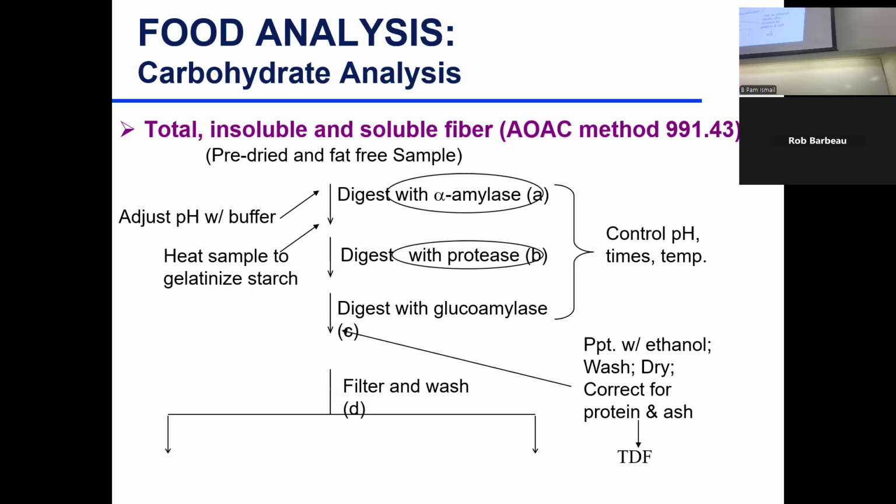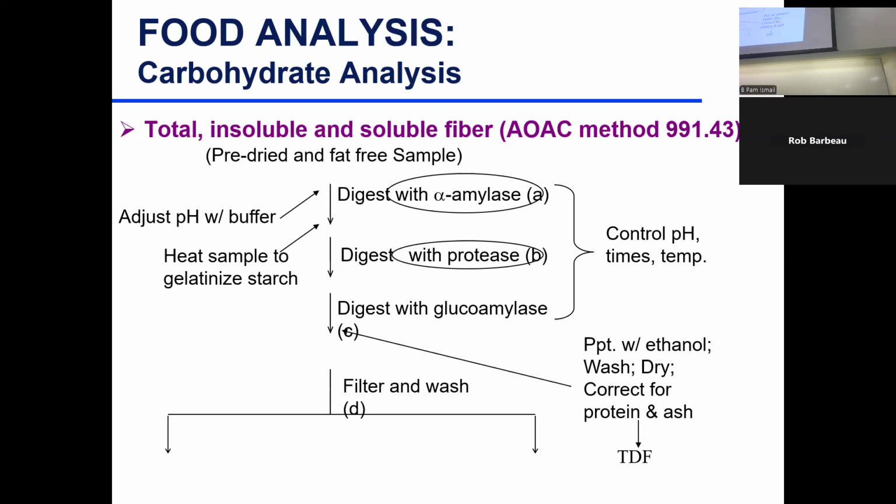Then if you want to just get total dietary fiber, you can add alcohol and precipitate all dietary fiber, the soluble and non-soluble. Ethanol will precipitate everything for you, and you separate that from the solubles, you wash, and then you get the dried sample, you correct for protein and ash.